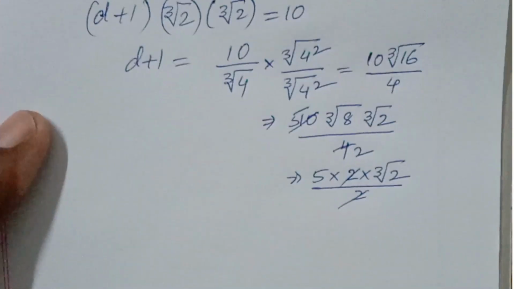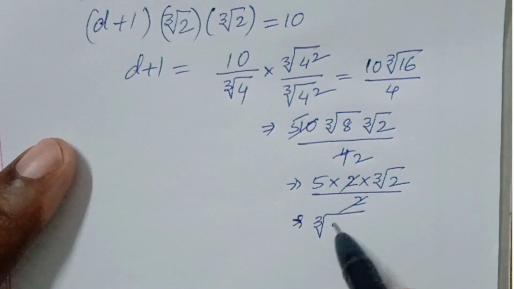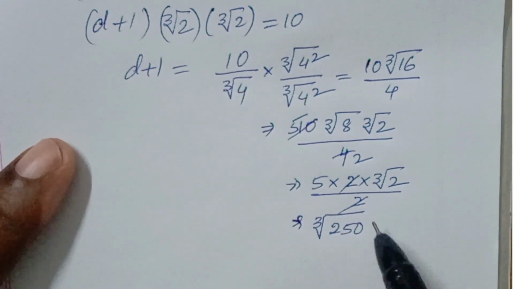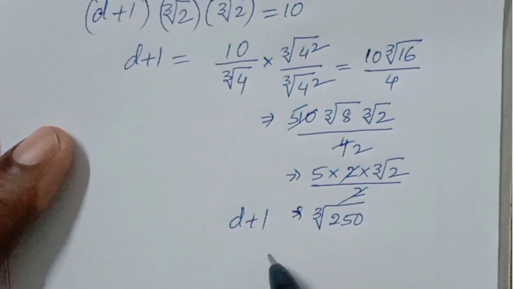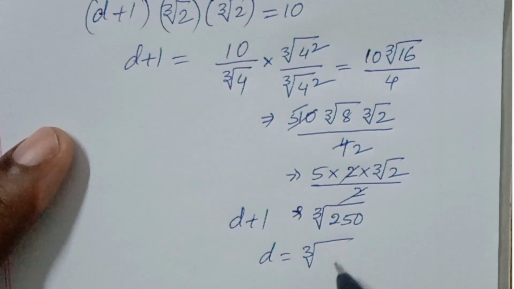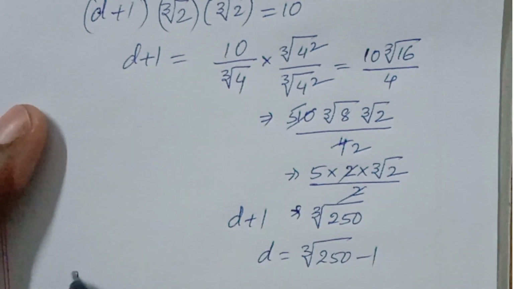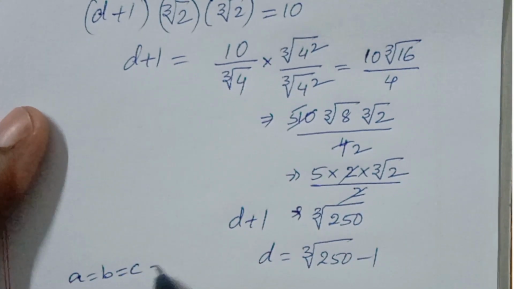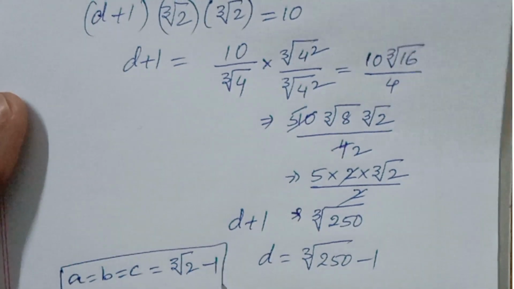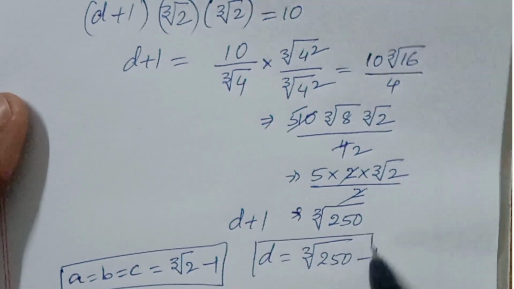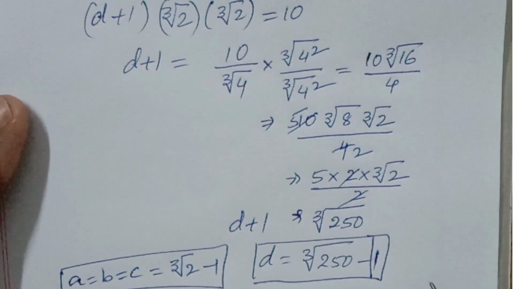The 2 gets cancelled, so we get cube root of 250. So d + 1 is equal to cube root of 250, and d is equal to cube root of 250 minus 1. So a equals b equals c equals cube root of 2 minus 1, whereas d is equal to cube root of 250 minus 1.